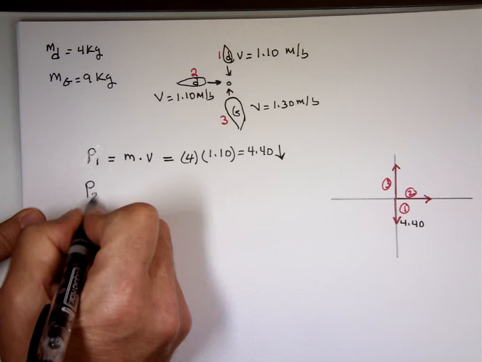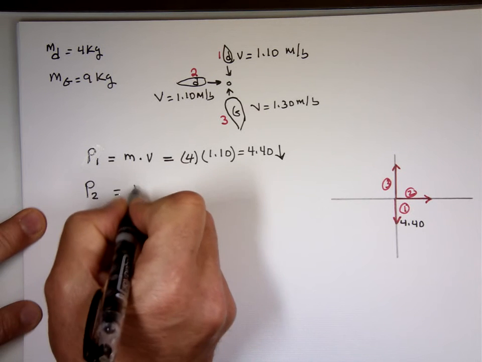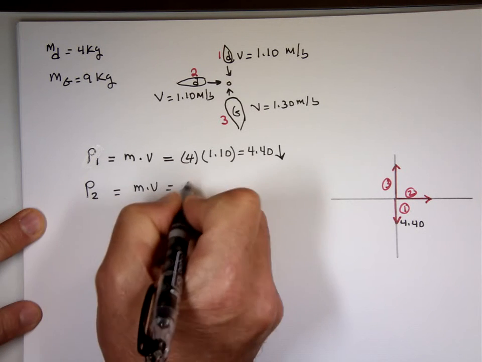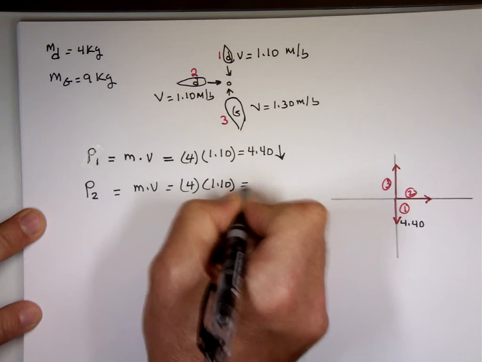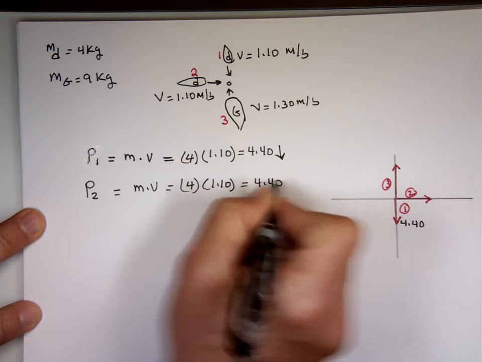Duck number 2 has linear momentum, mass times velocity. It's the same thing: 4 times 1.10, that's 4.40. Which way? To the right.